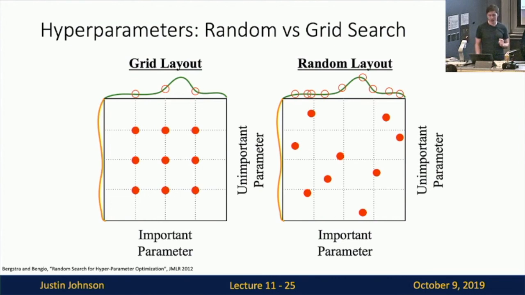Now, if you are using a grid search, you are always going to evaluate exactly the same grid of parameters on the left. In this cartoon picture, the parameter on the horizontal axis ends up being very important for getting good performance.